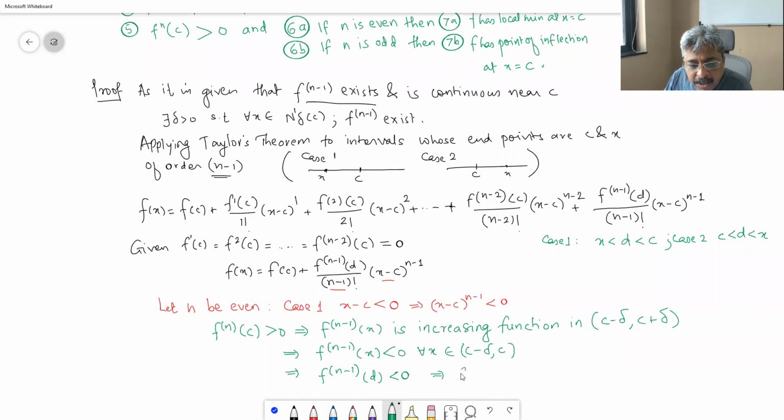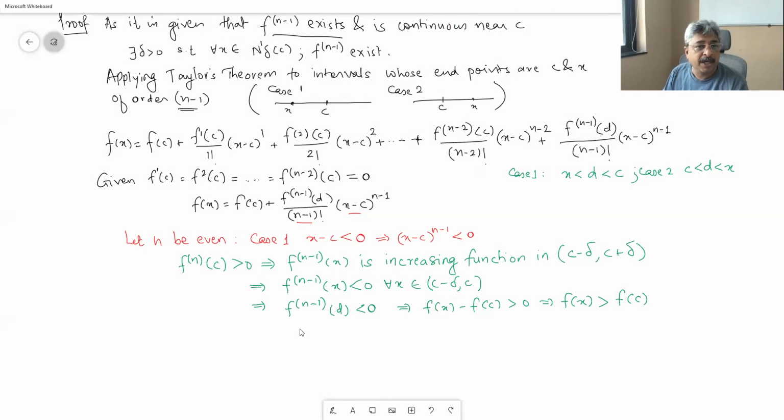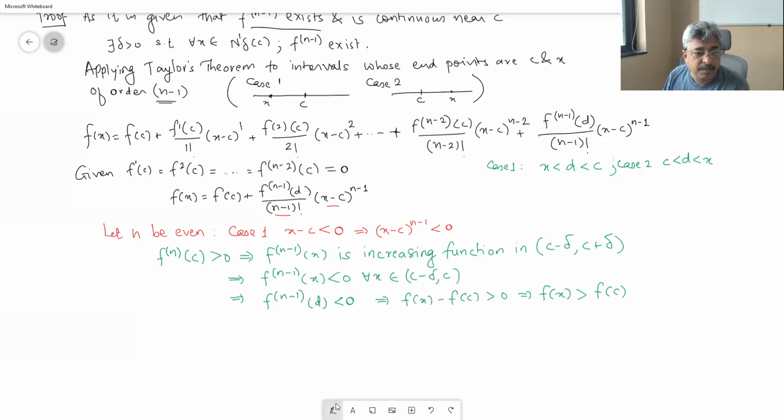Therefore, this implies f of x minus f of c is greater than 0, which implies f of x is greater than f of c. Okay, case 2. I will go through the proof again if you are missing something, but I think it is being done very systematically.